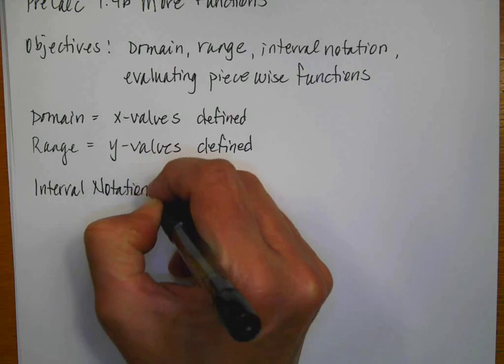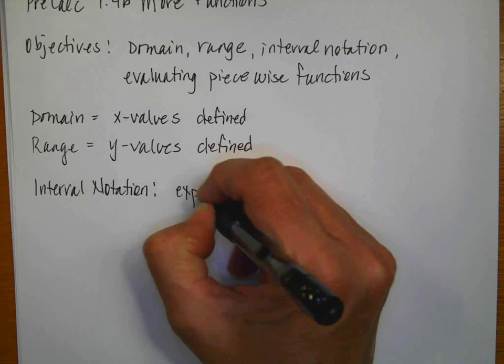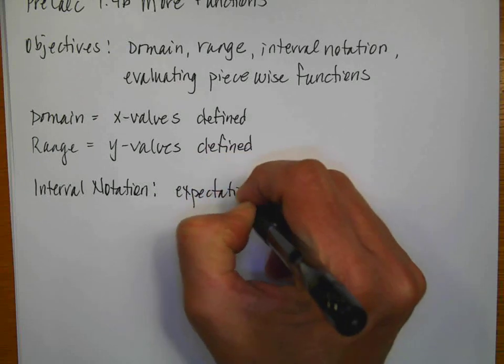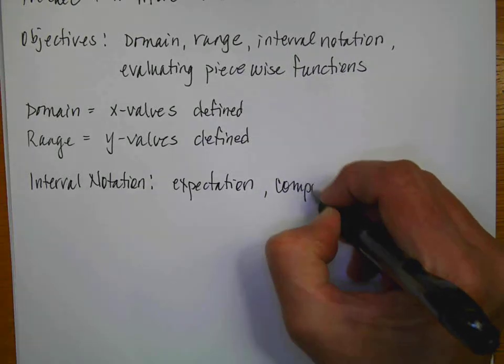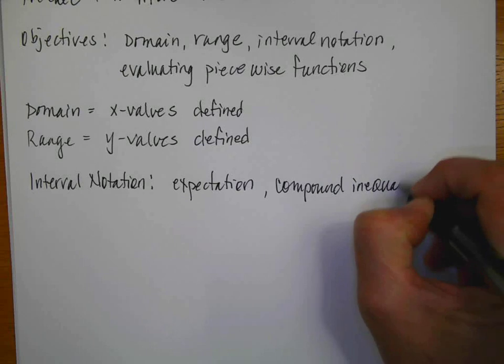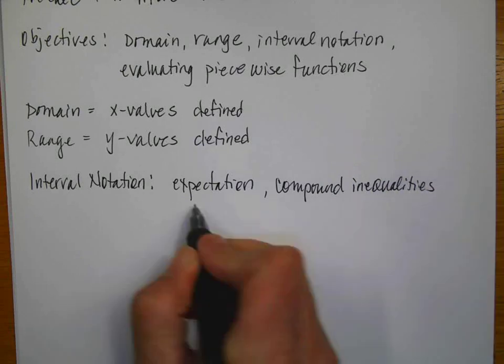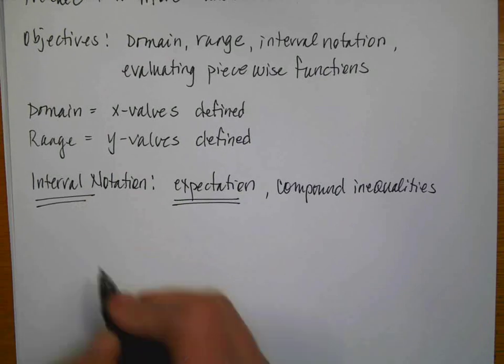So for our interval notation, this is the expectation for big kid math. All right? So no longer, occasionally we will do compound inequalities, but primarily, QUIES, that's a long word to spell, we're going to do interval notation as our expectation.